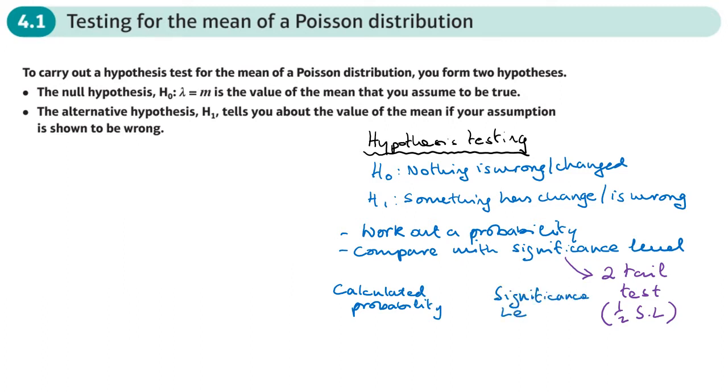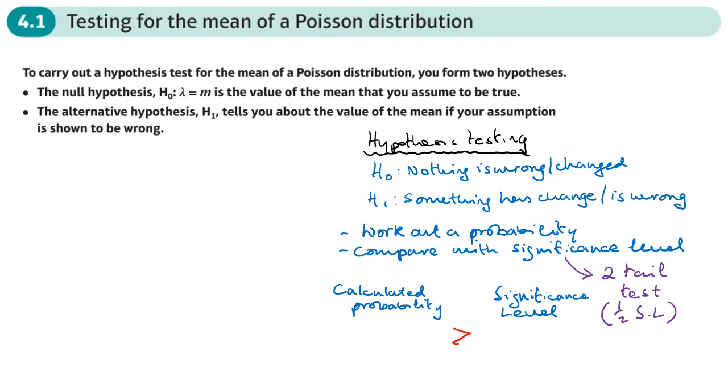Now, if our calculated probability is greater than the significance level, one way of thinking of it is like the significance level is like the cutoff point. Anything below that we say is strange, there's something wrong. Anything above that we'll say it's fine, it's likely that that thing could have happened.